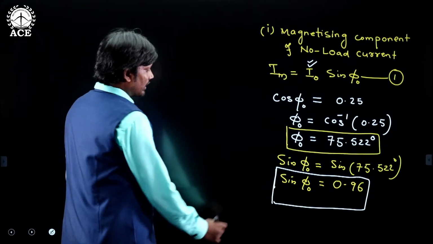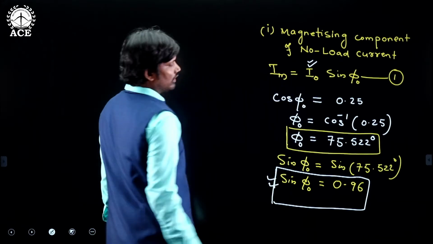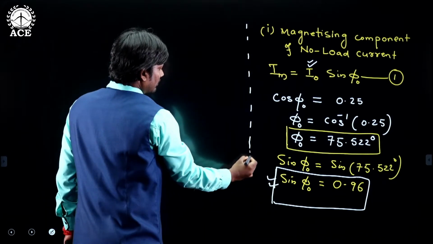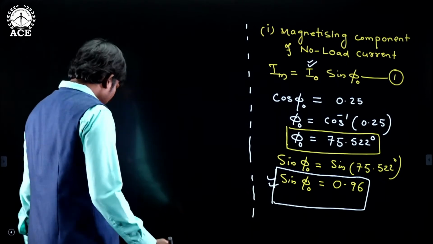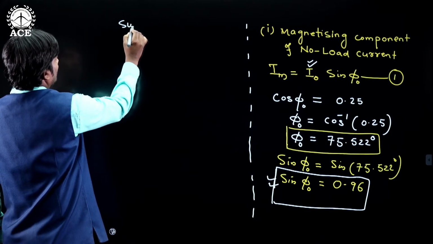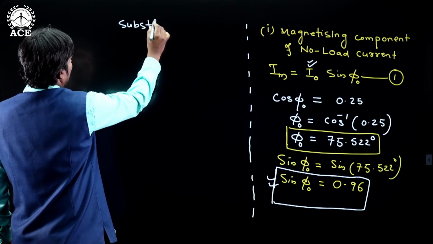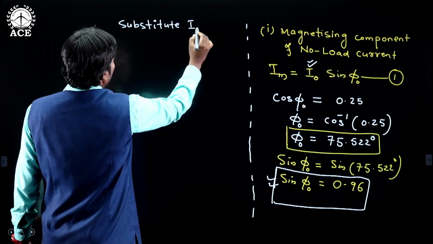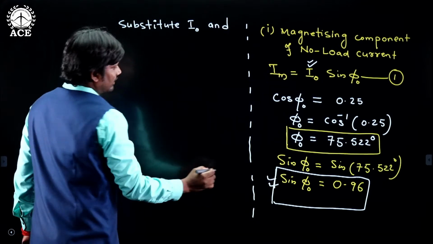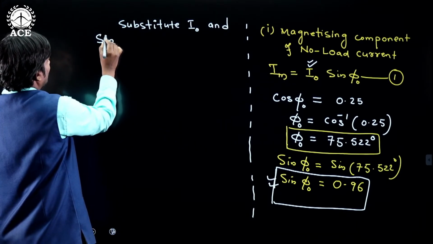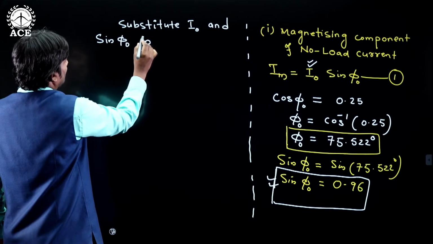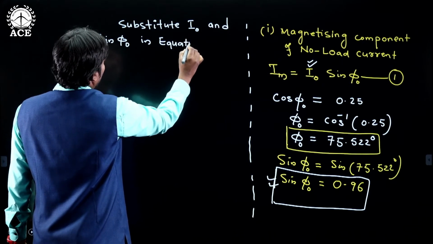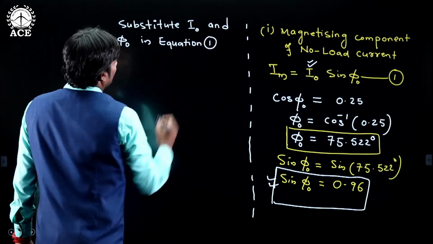Now substitute this sin phi naught and I0 in equation number 1.